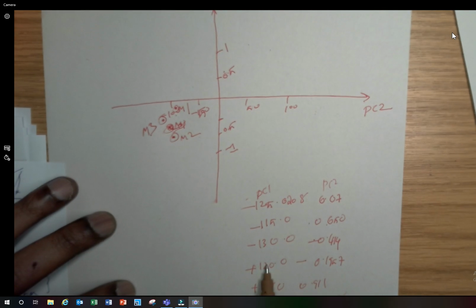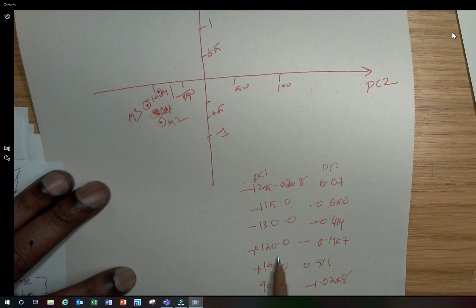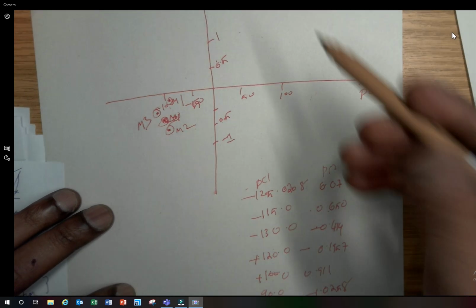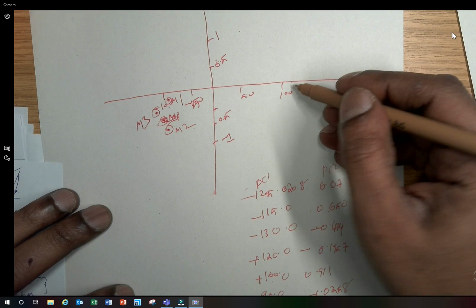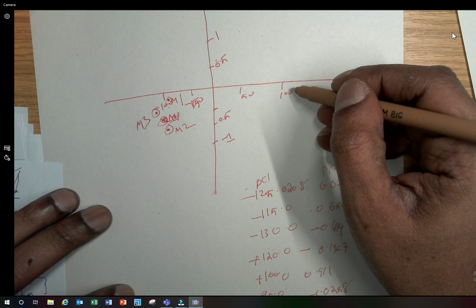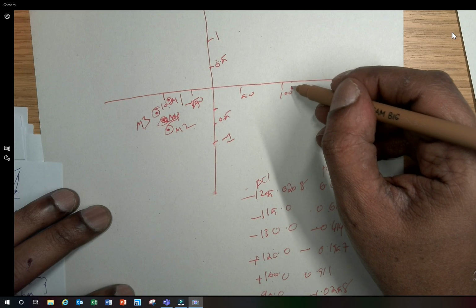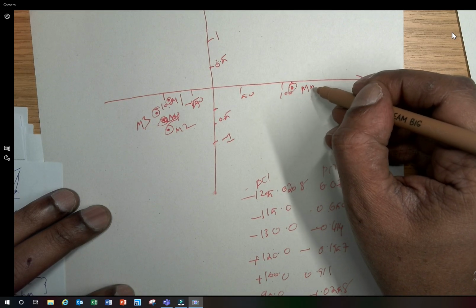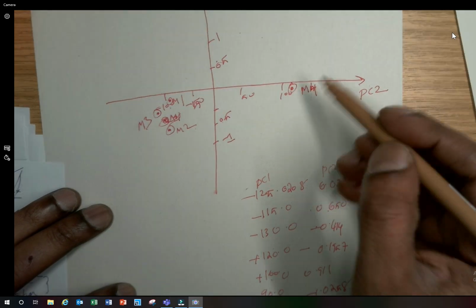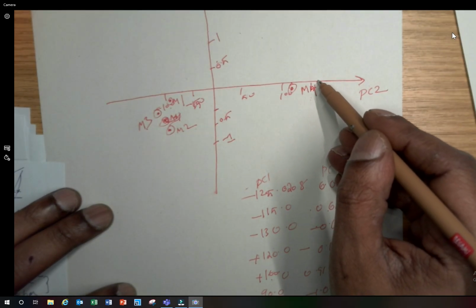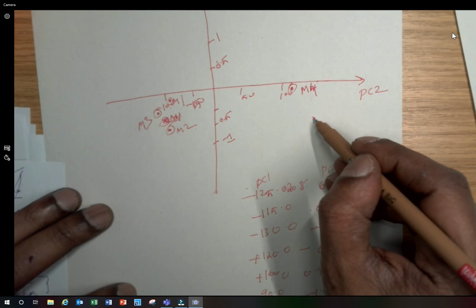So let's plot these values, or follow the pen tip. 120 with minus 0.1957 is somewhere around here, this is M4. Then 160 with 0.911 may be somewhere around here, and then 0.991 will be around here.